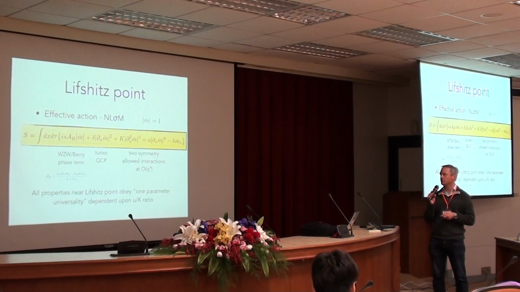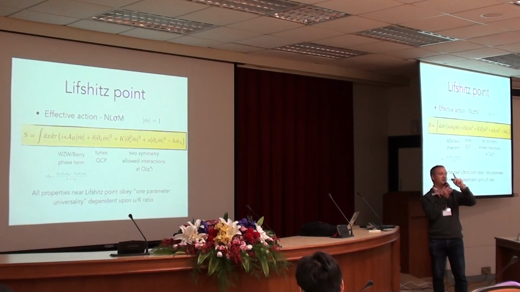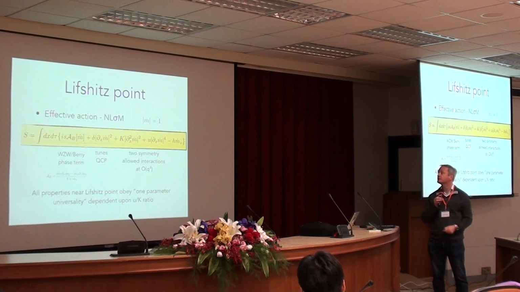If you do that, you'll end up with the dynamics which is the same as you'd have for a single spin, the path integral for a single spin. It would be described by a Berry phase term, sometimes called a Wess-Zumino-Witten term, which basically counts the solid angle swept out by the world line of the spin as it makes a periodic orbit on the sphere.